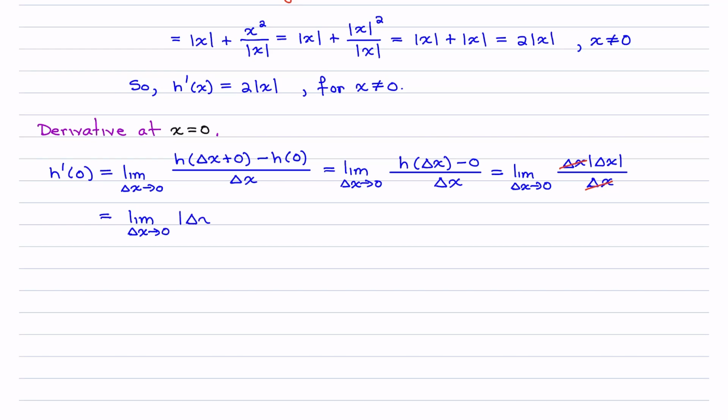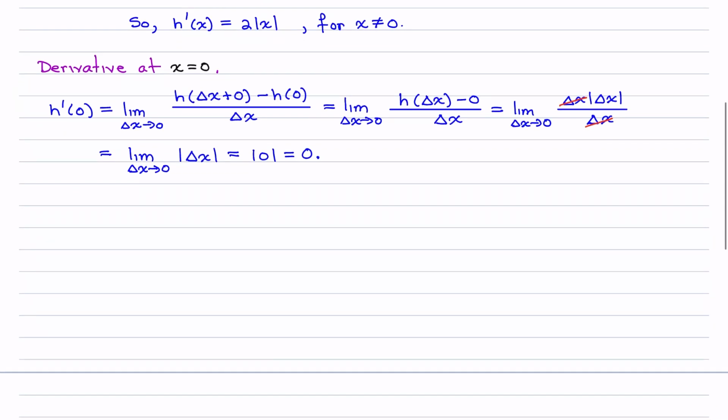All right, and now what is the limit as delta x goes to 0 of the absolute value of delta x? That's just the absolute value of 0, which is 0. So h is differentiable at 0, and the result is 0. So h prime of 0 is 0.